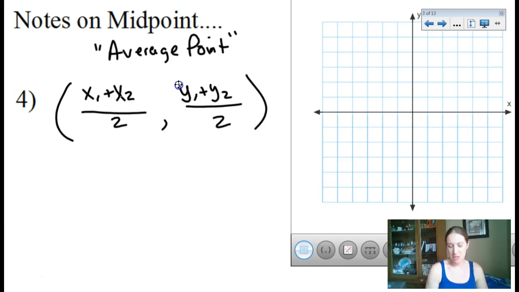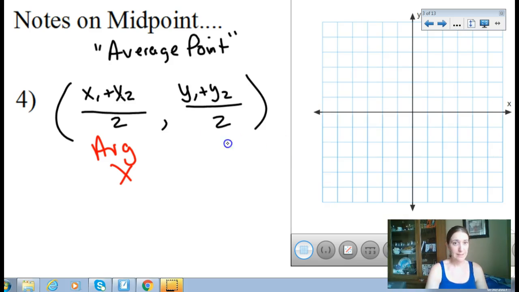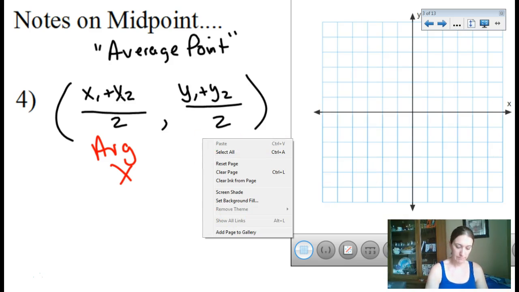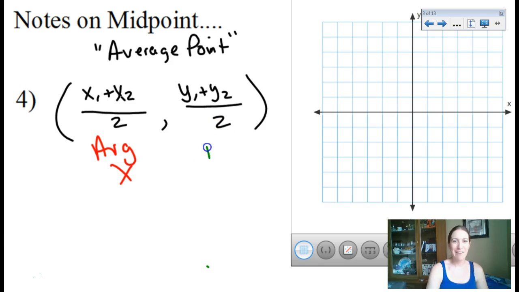And that's exactly how you would average two things. It's the average x value, because you add them up and divide by 2. And then it's the average y value. So again, if you're really bad at formula memorization, just try thinking about what they mean. They're really not that complicated.